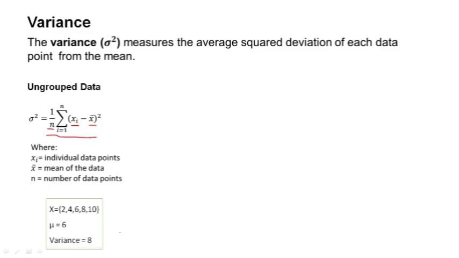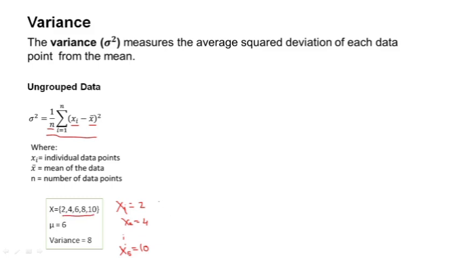In this formula, the values of xi are, first we take x1 equal to 2, x2 equal to 4, and so on until x5 equal to 10. Calculate the mean of this data.